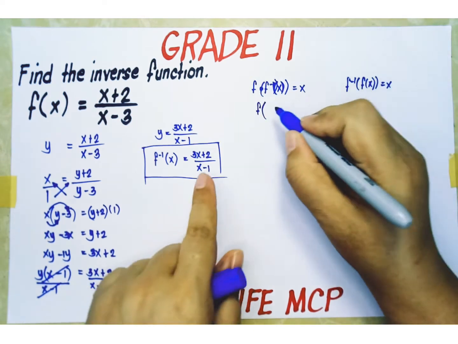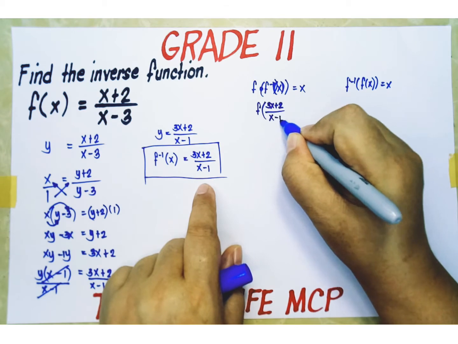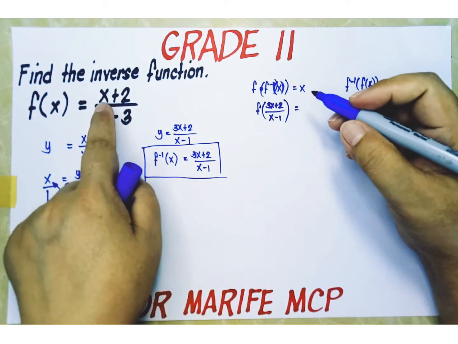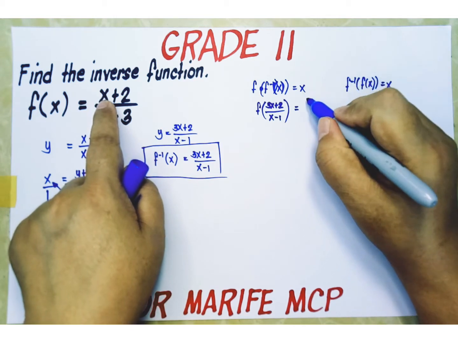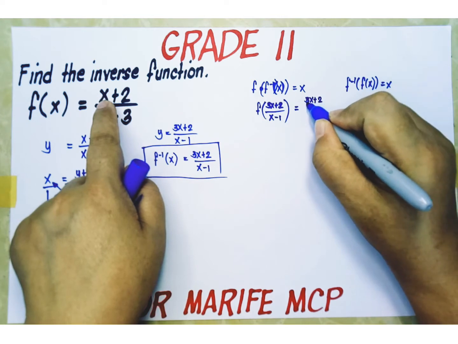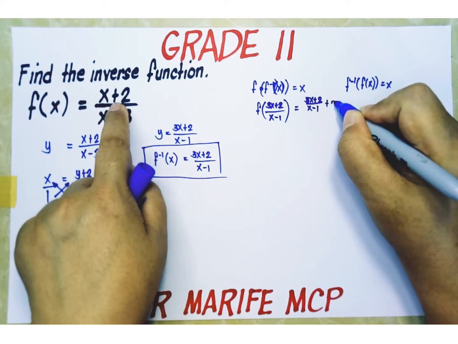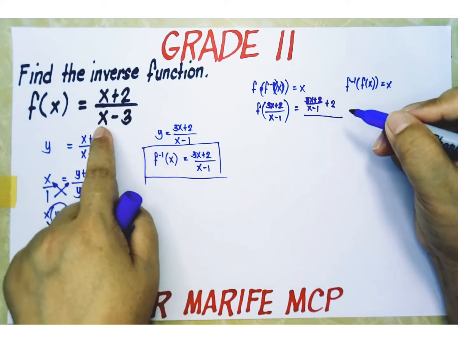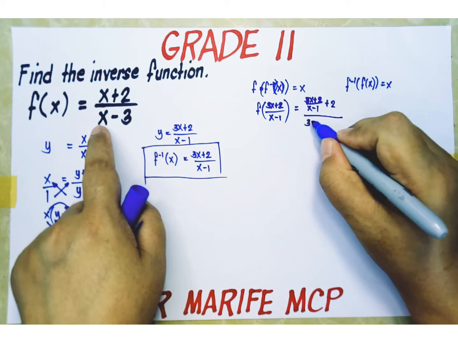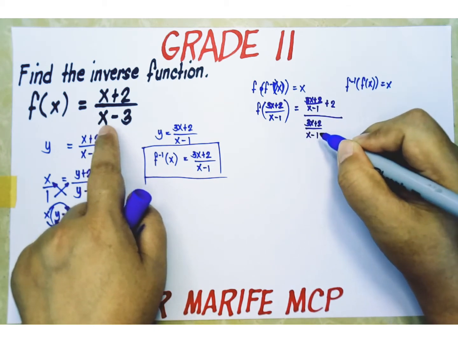F of (3x plus 2) over (x minus 1). This variable becomes the inverse, so (3x plus 2) over (x minus 1). And then you copy the plus 2. You replace this also by the inverse, so (3x plus 2) over (x minus 1).